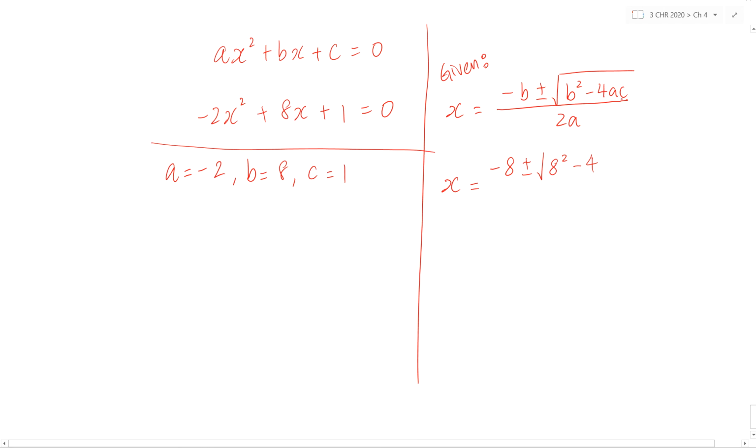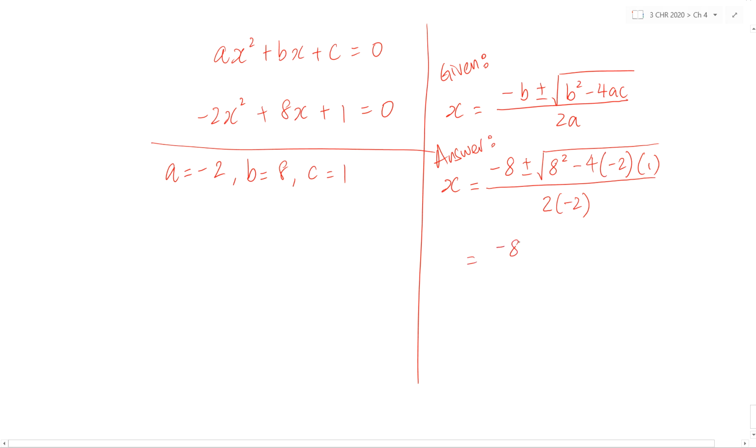Now I see the letter a. What should I change it to? Negative 2, and I see c. So it is 1. Over 2 times of something. What is it? What is a? Negative 2. So this is my answer over here.